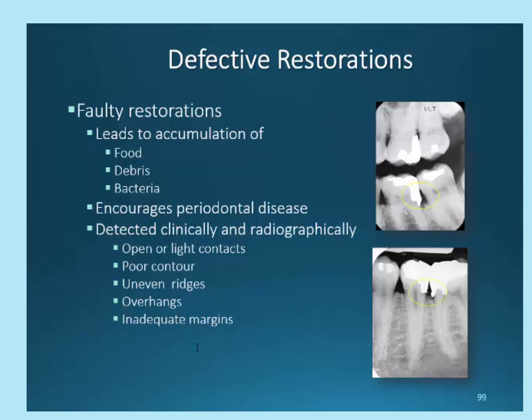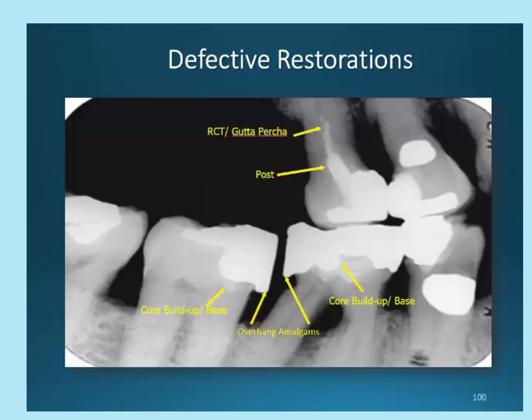You can explore and feel that they are exposed beyond the natural dentition or the natural anatomy of the tooth. They have uneven ridges, and sometimes the margins are just inadequate with poor contour. This is a lot going on in here, and none of it is really very good.